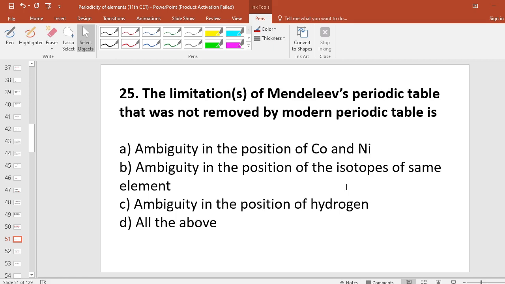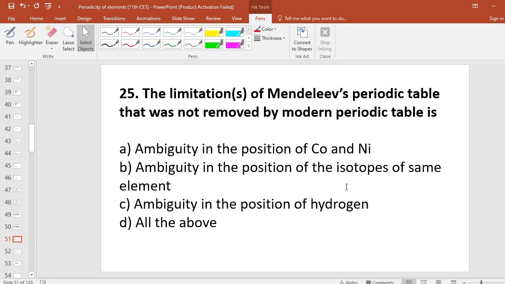Option B, ambiguity in the position of the isotopes of the same element. This ambiguity was also removed in the modern periodic table, because even if the atomic masses of isotopes are different, their atomic numbers are the same, and therefore they were all placed in the same box.